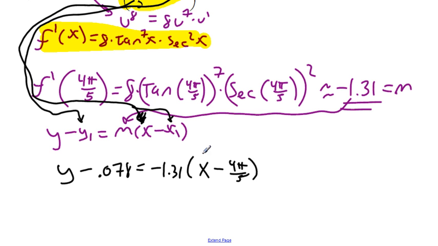So if I multiply this through and carry this over, you could do that yourself right there. So you would get y equals negative 1.31x plus 3.36. And again, I just used decimal versions here. You could have kept it in pi, but if you're going to add pi and a decimal, you might as well just make both of those a decimal.